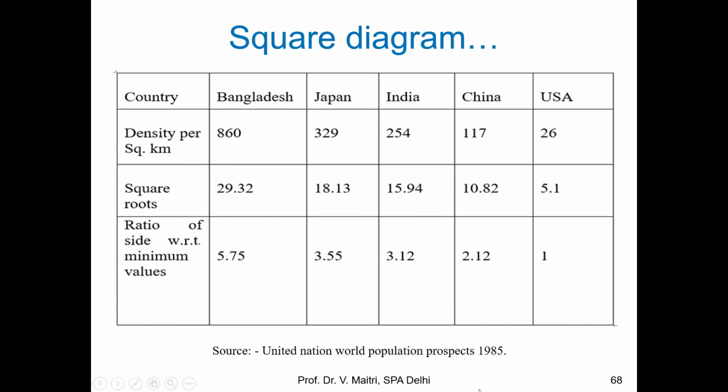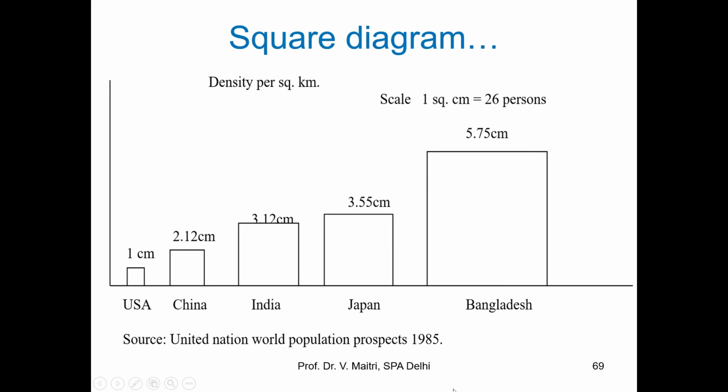So on this basis, this is our square size, and this is the square we will draw. So this is 1 centimeter, this is 2.12 centimeters, this 3.12 centimeters, 3.55 centimeters, and 5.75 centimeters. For density per square kilometer, our scale is 1 square centimeter represents 26 persons.